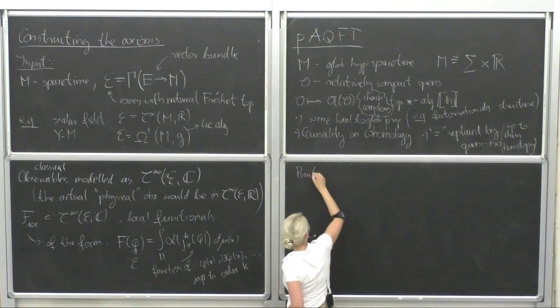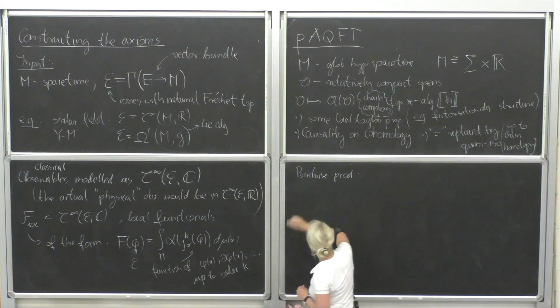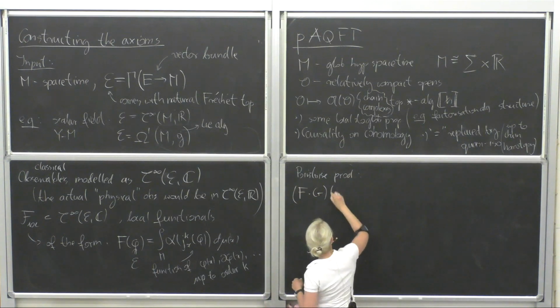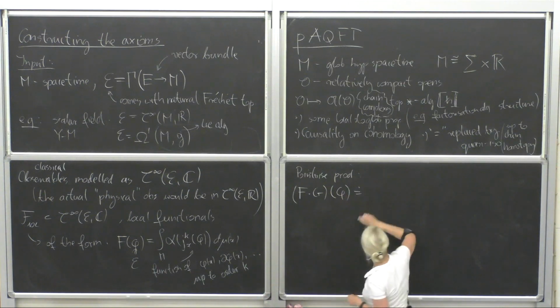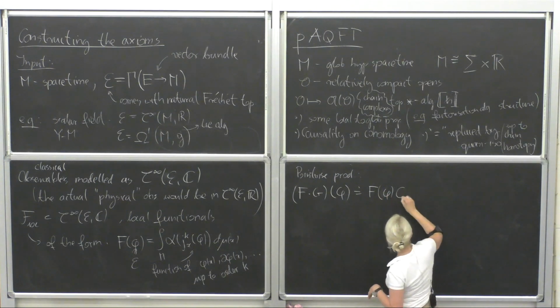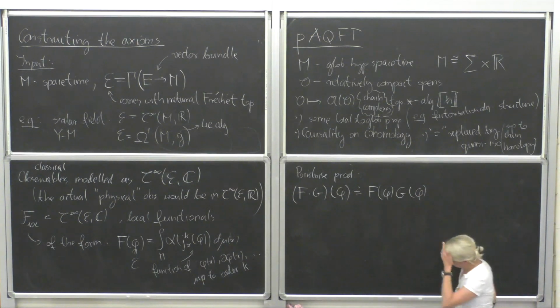Pointwise product. So f product g of phi is defined, so it all maps to numbers. So I can just take the product of two complex numbers. That's allowed.